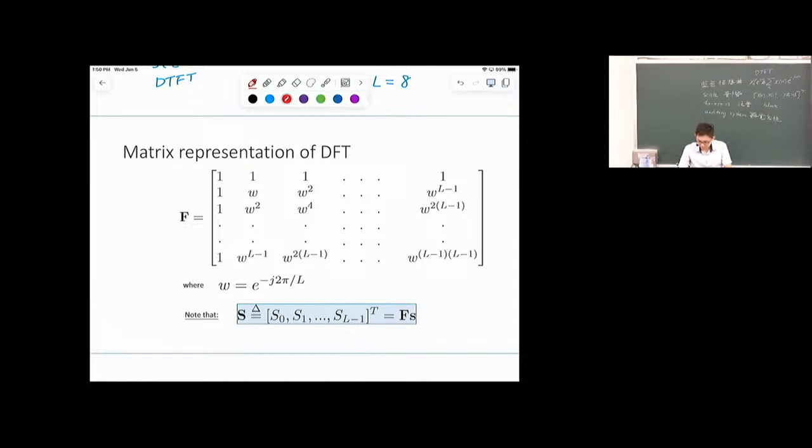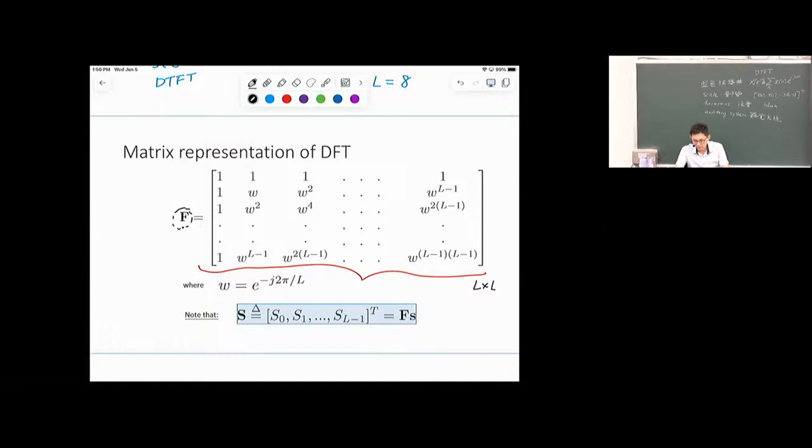Here is the result. This is the matrix. This is a matrix of L by L, and we call it F, referring to the Fourier transform. It's a version of Fourier transform.